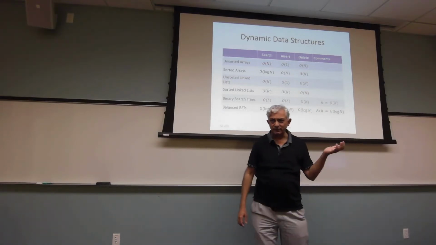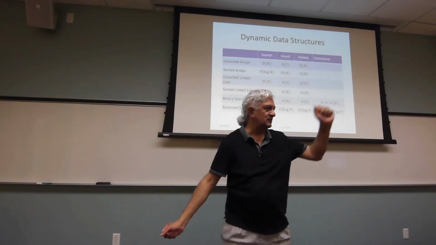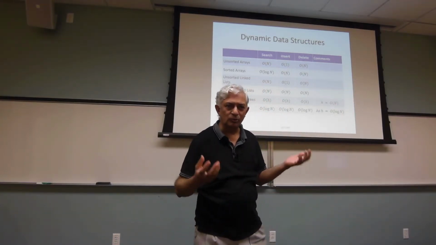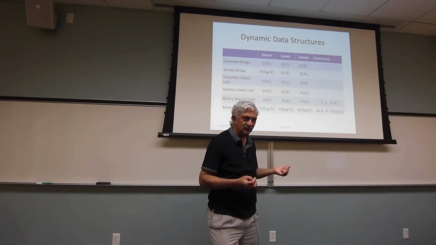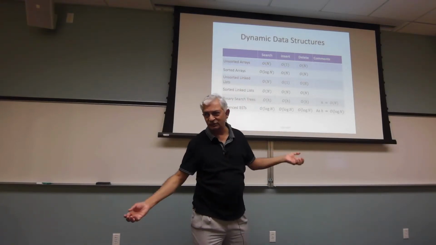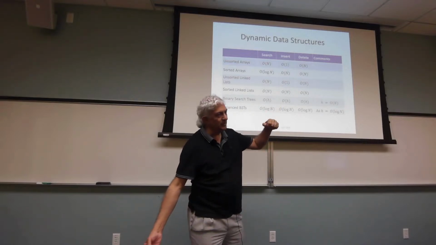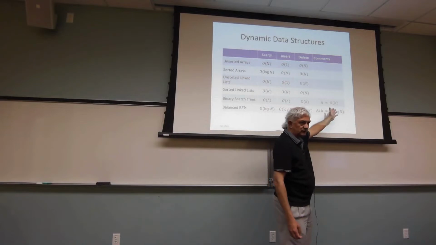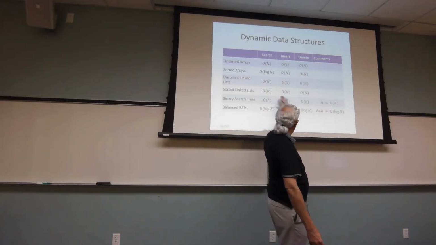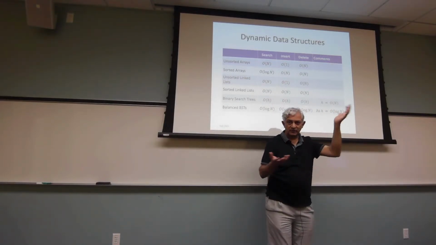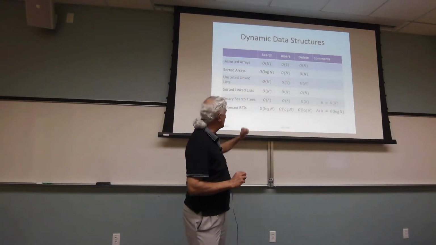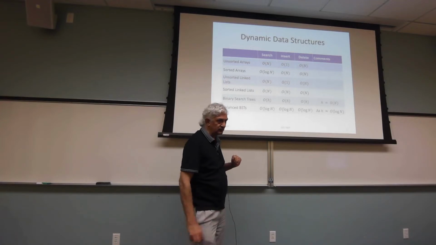Unfortunately, the height of a binary search tree can be as bad as big O of n, depending on in what order you insert things. So if you insert things in sorted order, the tree would simply become very imbalanced, and the height could be very, very large. So all the operations depend on the height of the tree, and this dictates the time complexities for the three operations.